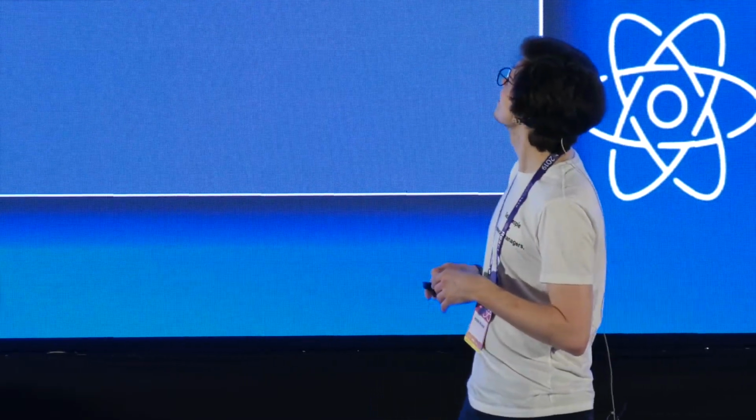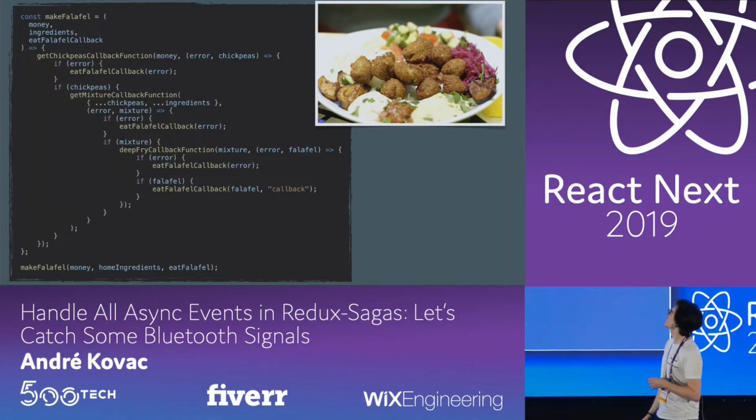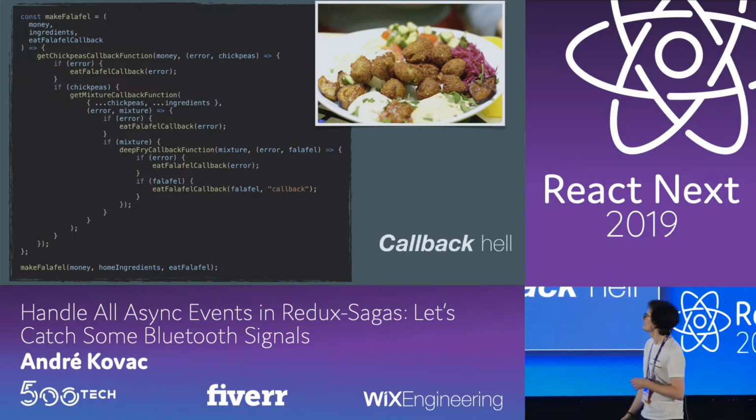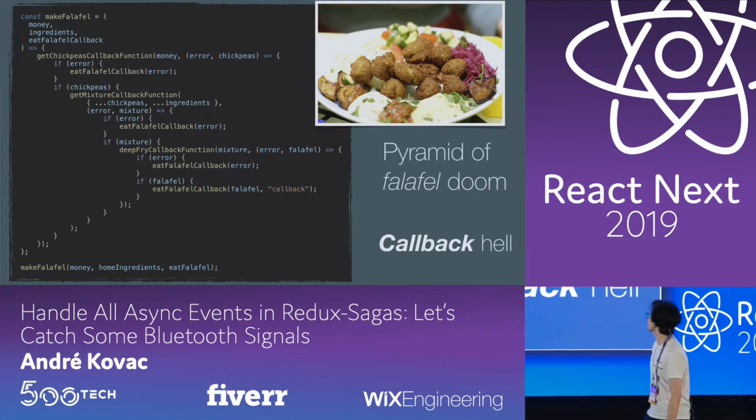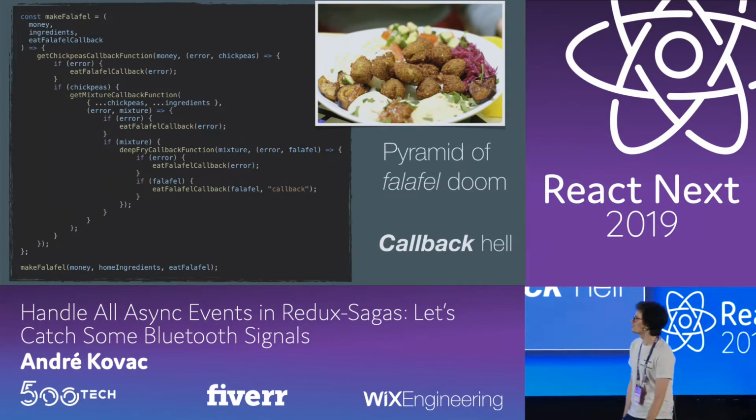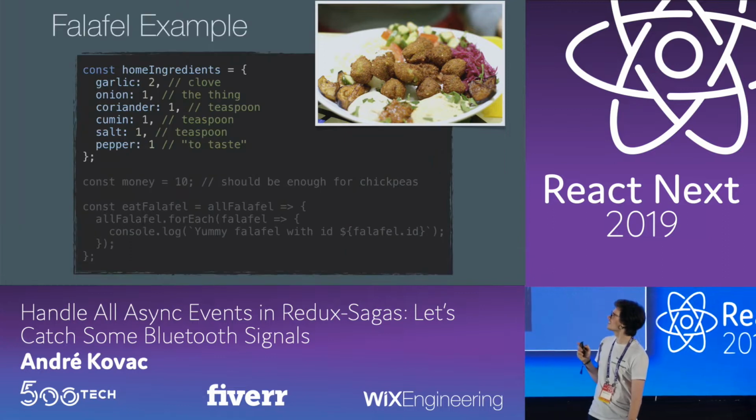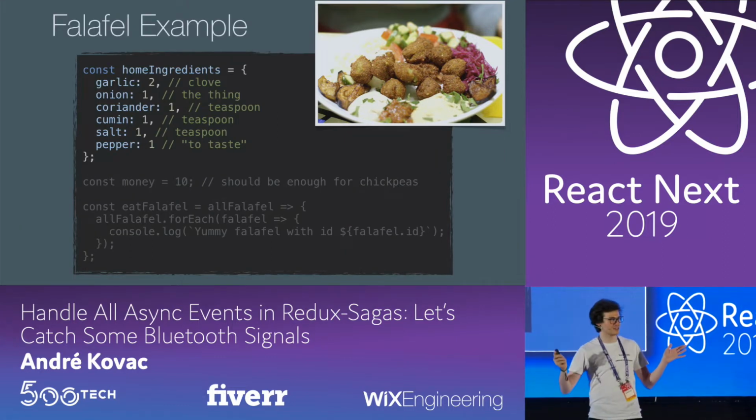The money is just there to buy some chickpeas. And we have to eat it somehow, which is the callback. And there we can also quickly end up in a kind of pyramid of doom. Some call it callback hell as well. Good, we will take a closer look at it, just for the example of this talk.